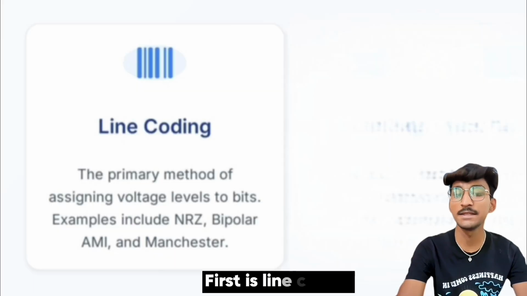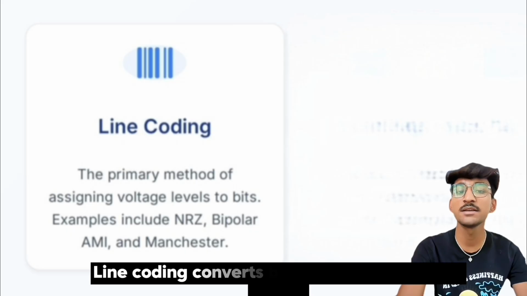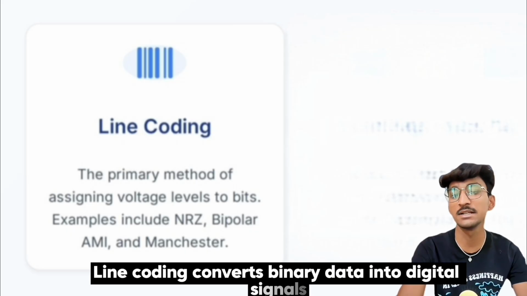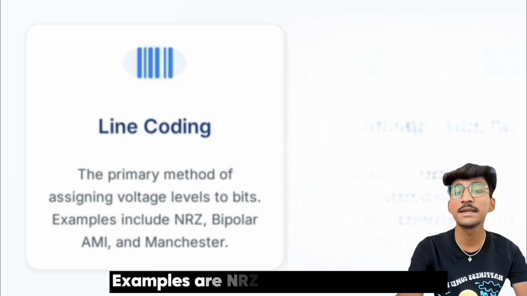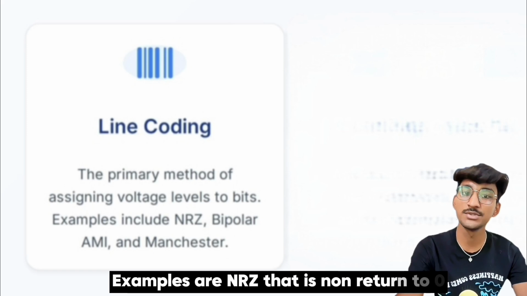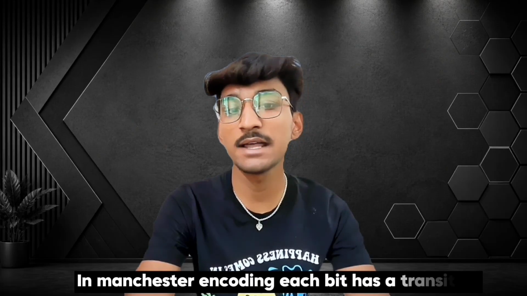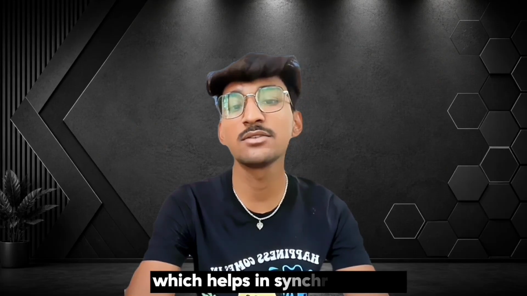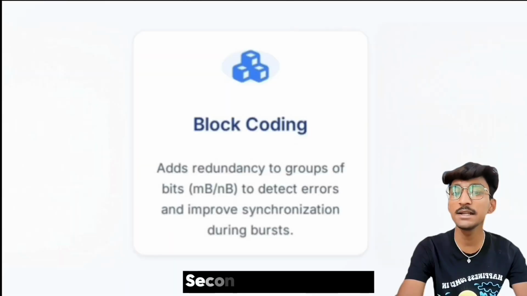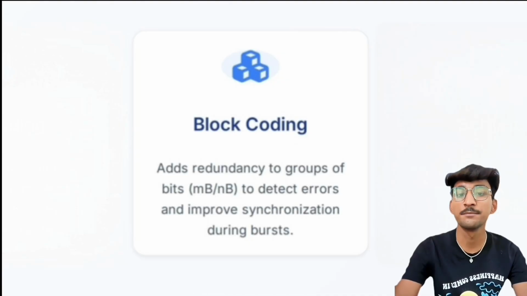First is line coding. Line coding converts binary data into digital signals. Examples are NRZ, that is non-return to zero, and second is Manchester encoding. In Manchester encoding, each bit has a transition which helps in synchronization. Second is block coding.